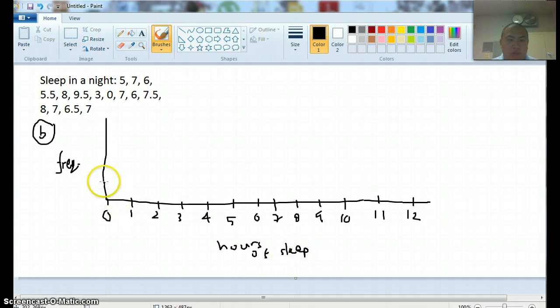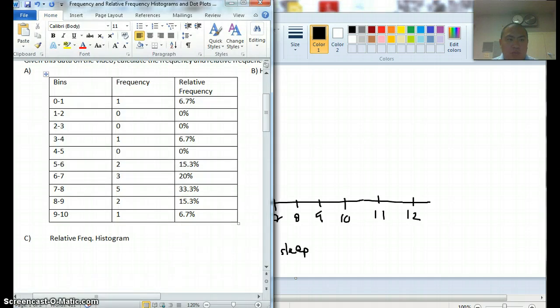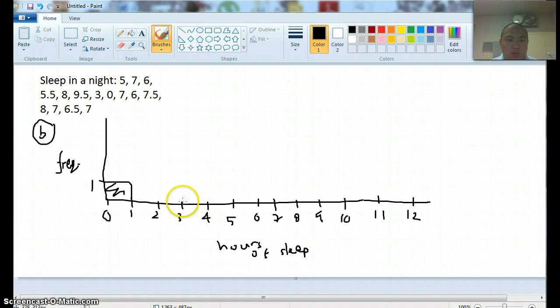And from 0 to 1, we said we had a frequency of 1, so there's that. From 1 to 2 there's nothing, 2 to 3 nothing, 3 to 4 there's 1. Okay, and I'll make more frequency, 2, 3, 4, and up here we'll say 5.